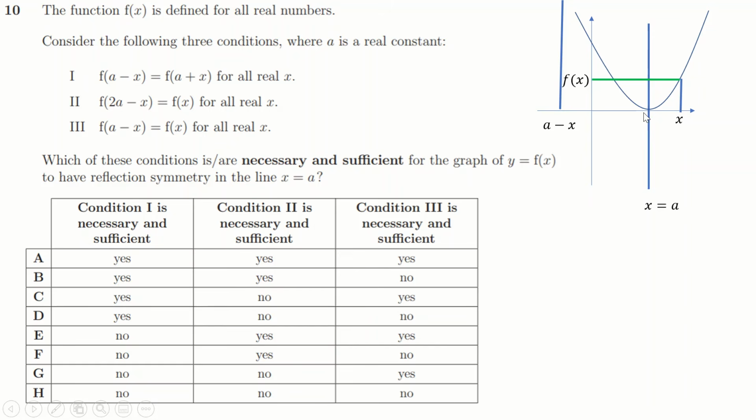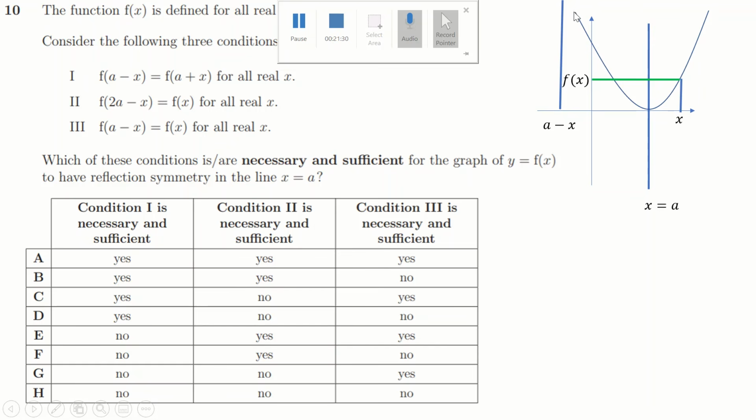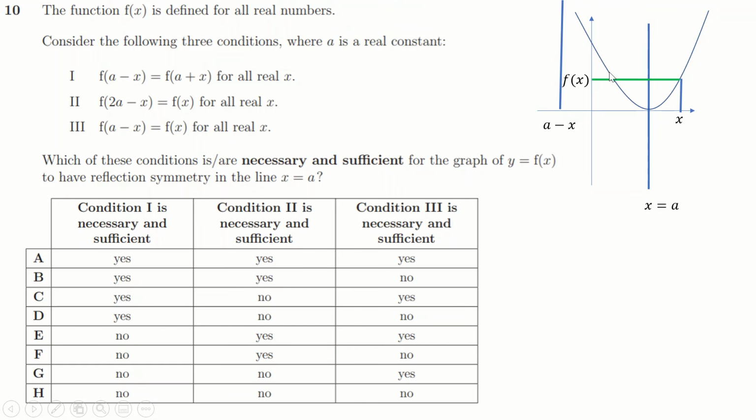Now, x is bigger than a, if a is here and x is here. So a minus x is negative. And f of a minus x is up here somewhere. It's where the line connects with the graph, just like this line connects with this graph to make f of x. Wherever this curve continues to touch this line, that's where f of a minus x is.